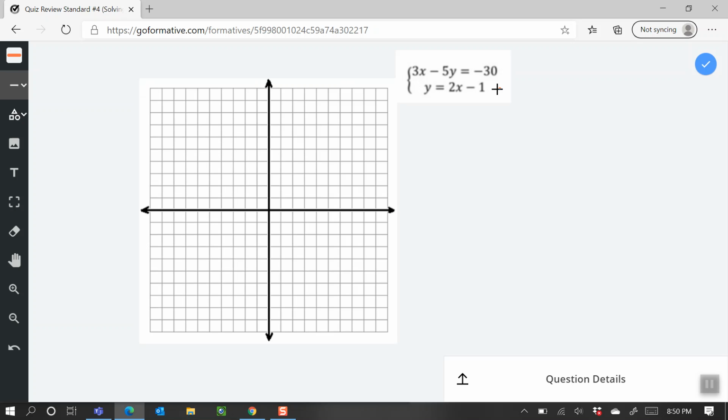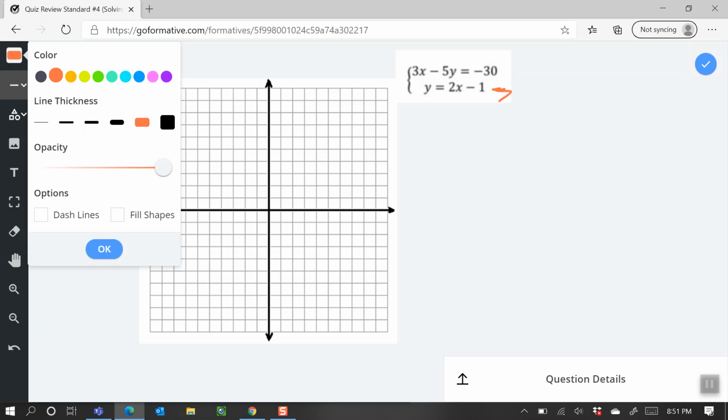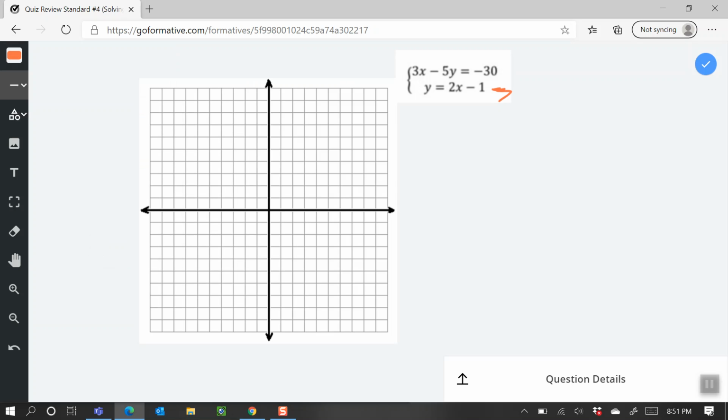So, taking the time to graph this one, negative 1, up 2 over 1, up 2 over 1, whoops.